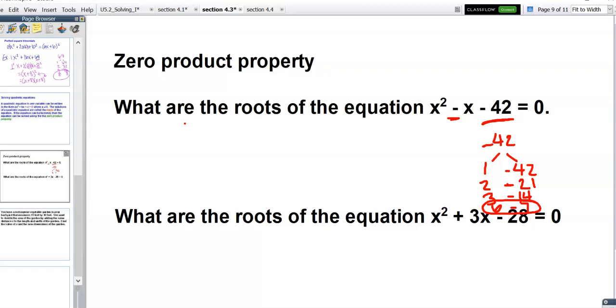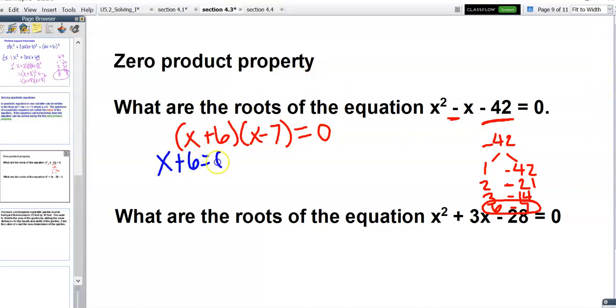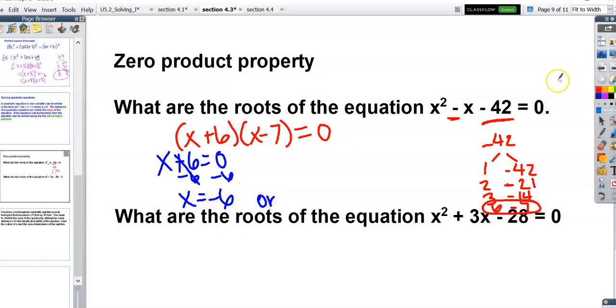So we could rewrite the equation x plus 6 times x minus 7 equals 0. And then we just set both of those terms equal to 0 and then solve. So x plus 6 equals 0. We get x is negative 6. Solve the second equation, or solve for the second factor.